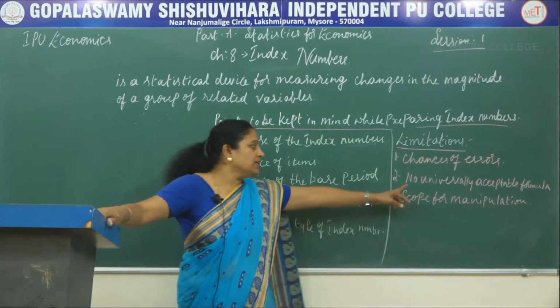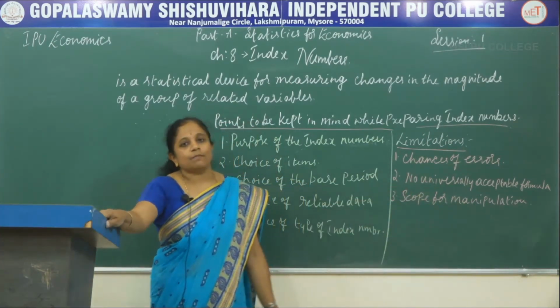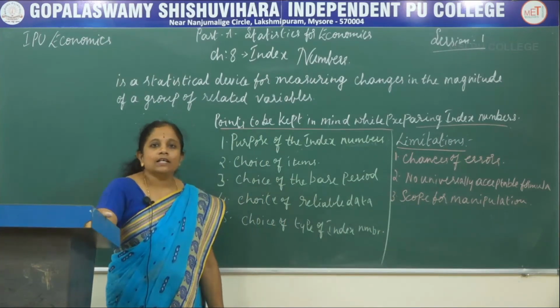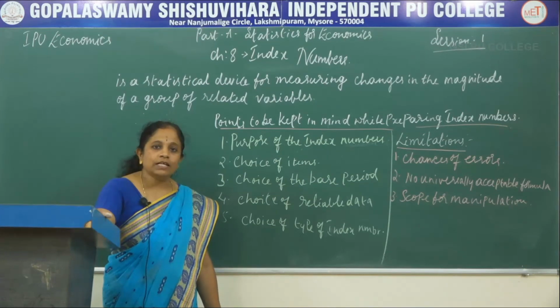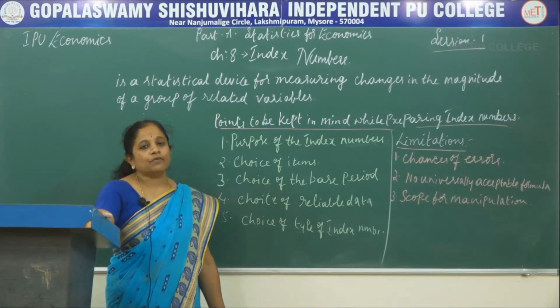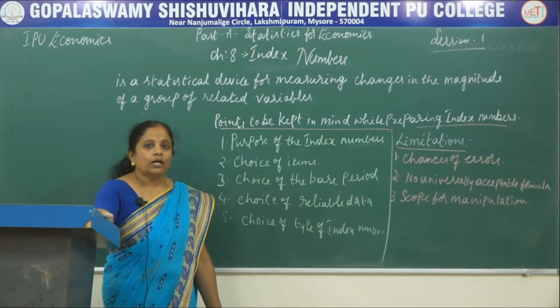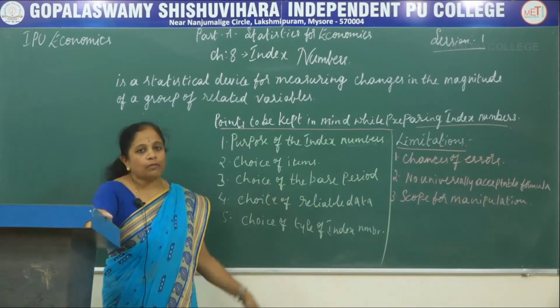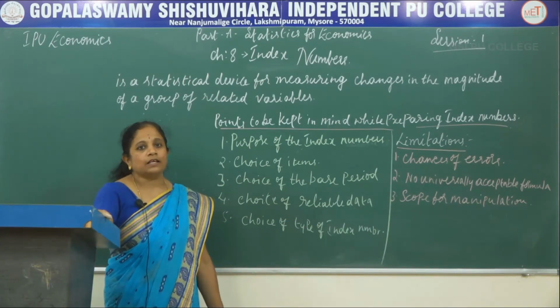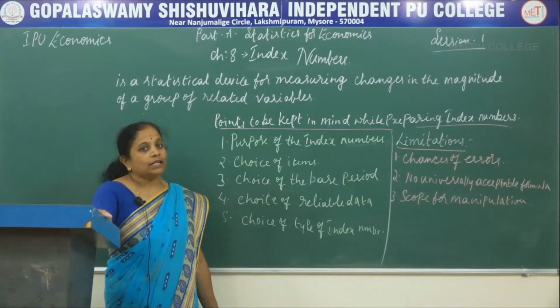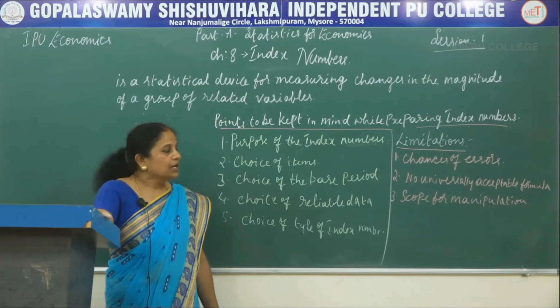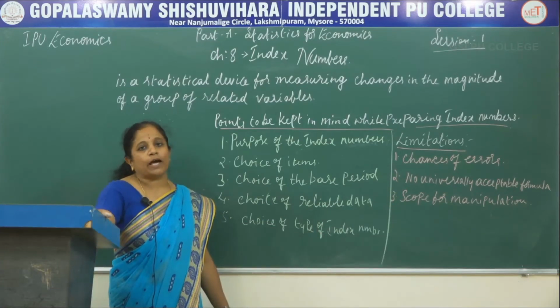The next one is no universally acceptable formula. The index numbers are not calculated by using a universally acceptable formula. It varies. So therefore, the universally acceptable formulas are not seen in the calculation of these index numbers, and it is the biggest limitation. The next one is scope for manipulation.